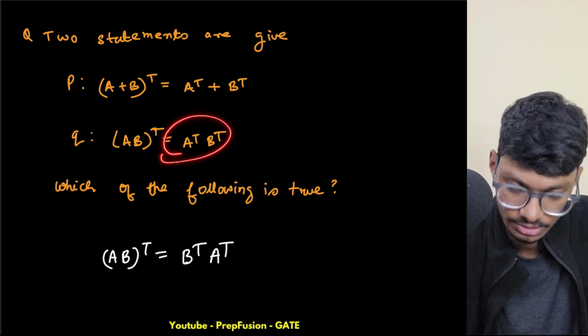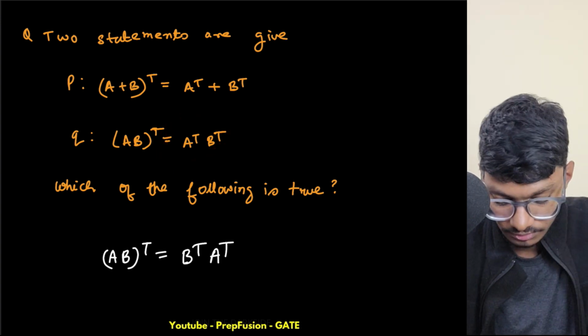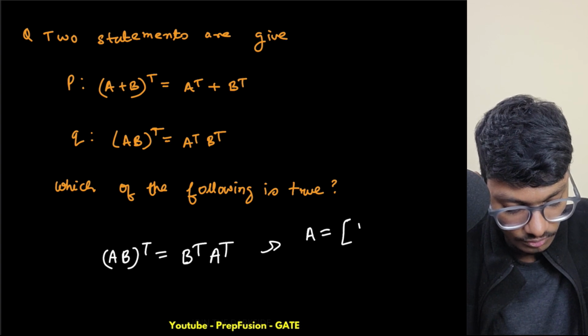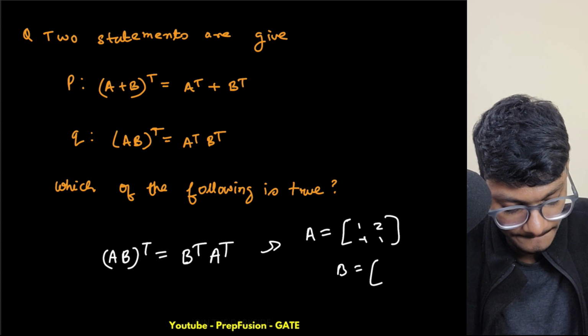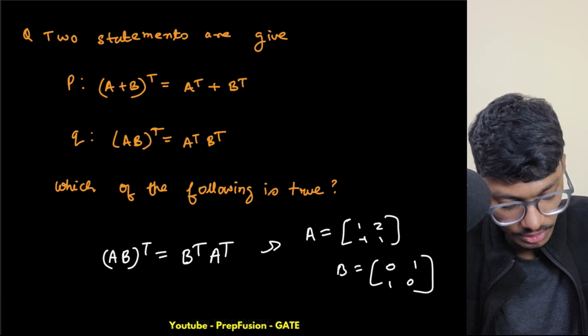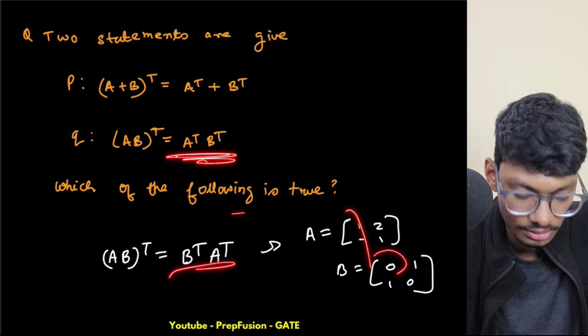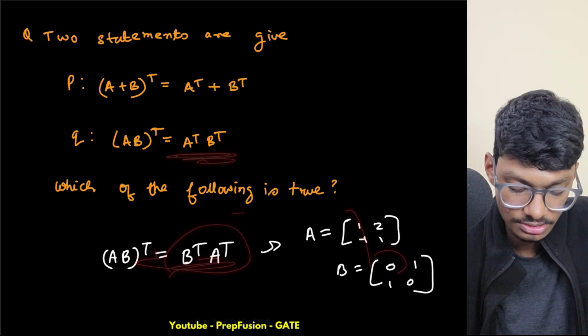It will not be equal to this. You can take an example also. Take any example like A equals 1 2 minus 1 1 and B equals 0 1 1 0, and just use this and check which one is true. You will see this is true and this is not true.